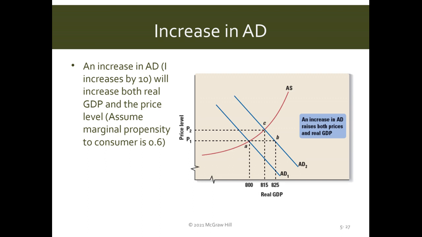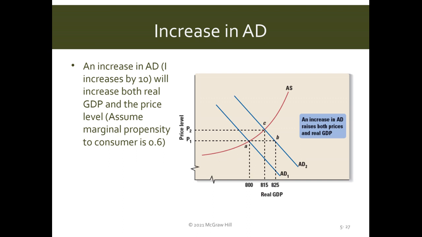Now we are going to discuss how an increase in aggregate demand, or a rightward shift in aggregate demand, will increase the price level and equilibrium real GDP.